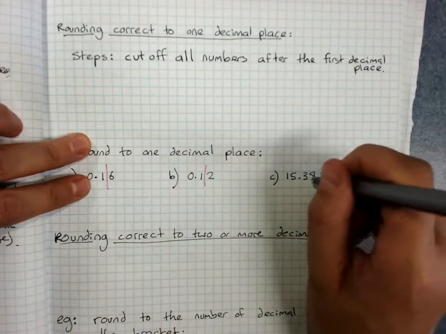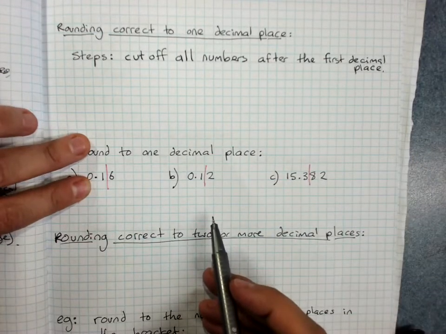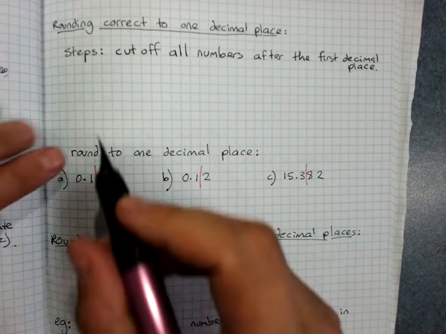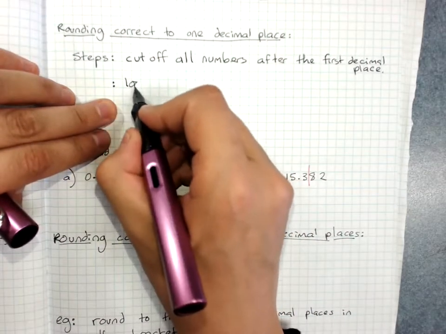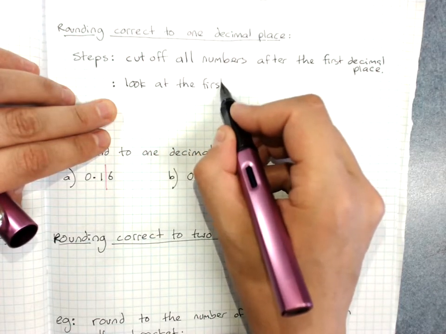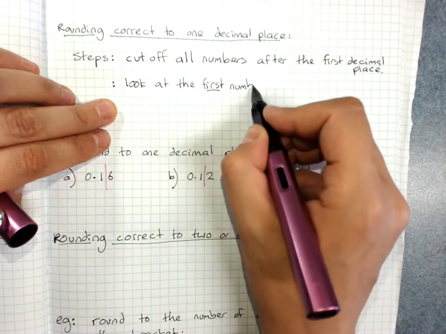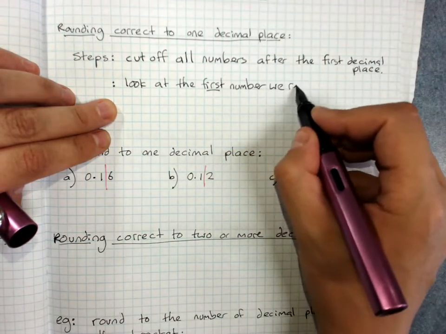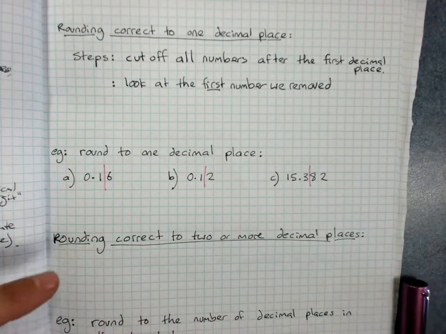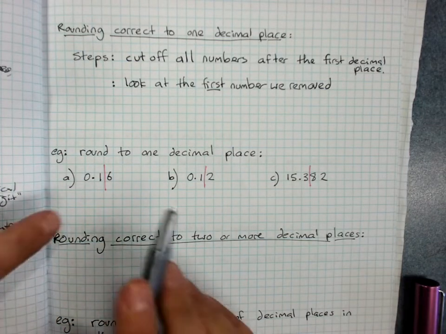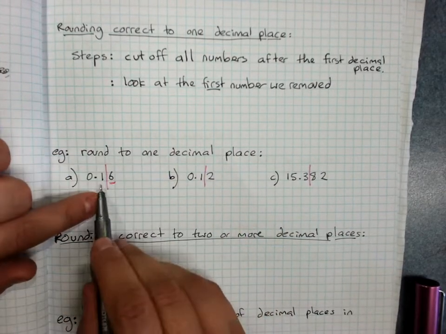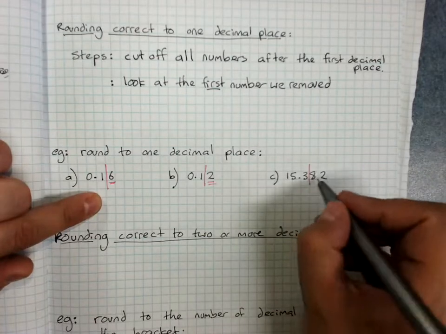Cut it off, cut it off. Then we look at the first number we cut off. Now that's sometimes called the critical digit, and it's the first number that we've removed. This one, this one.